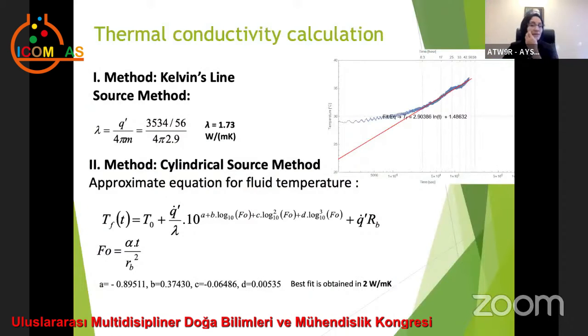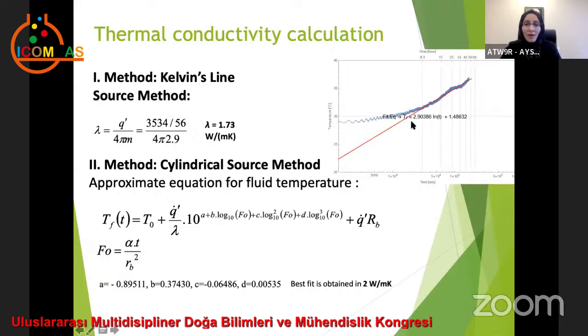And how do we calculate the thermal conductivity? So there are two ways. One is Kelvin's line source method, and the second one is the cylindrical source method. Usually for the thermal response test, we use Kelvin's line source method, and based on our Q values, the heat rate per meter, divided by the multiply by pi, multiply by 2.9.